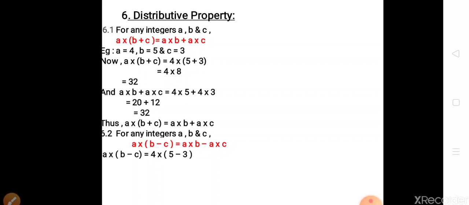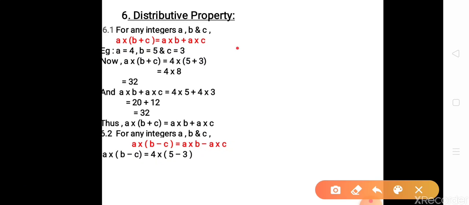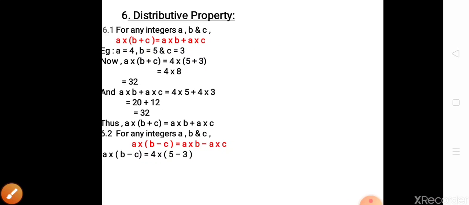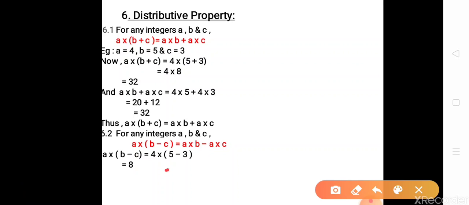Let's understand this with the help of an example. Now I'm taking the same example that I have taken here: a equal to 4, b equal to 5 and c equal to 3, right? So when we solve this, the answer we are going to get is 8. Again, I have solved the numbers within the bracket first, and then I have multiplied that with 4.